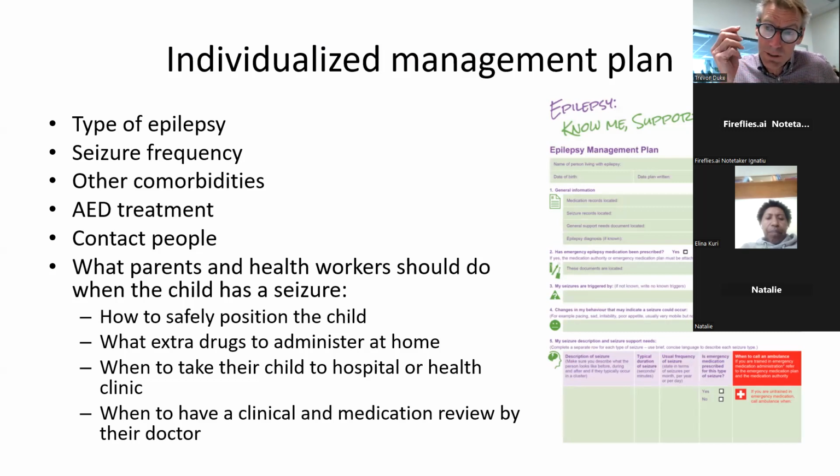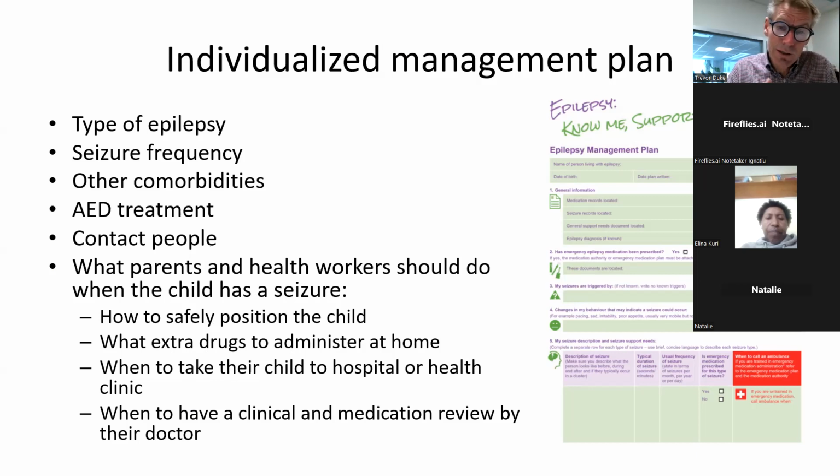So to describe the child's got epilepsy, the type or frequency of their seizures, if they've got other comorbidities like hearing loss or motor dysfunction or developmental delay, the types of treatment that they're on, the people that should be contacted, and what parents and health workers should do when the child has a seizure. So how to safely position the child, what extra medications to take at home, and when the parent should take their child to the hospital, and when they should have a clinical review.